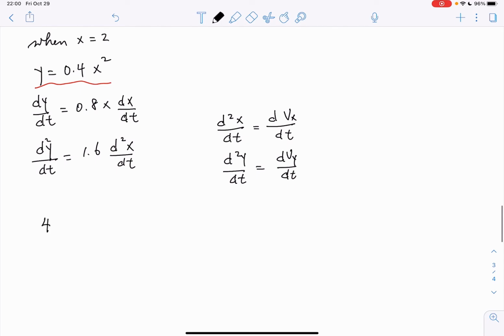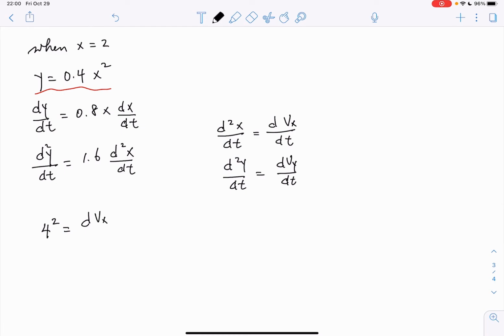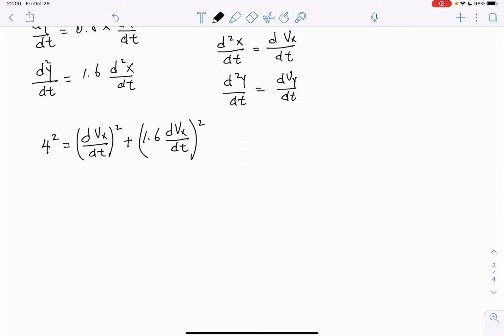So we have 4 squared equal to dvx over dt squared plus 1.6 dvx over dt squared. Now we are just doing the same thing, solving for dvx over dt.